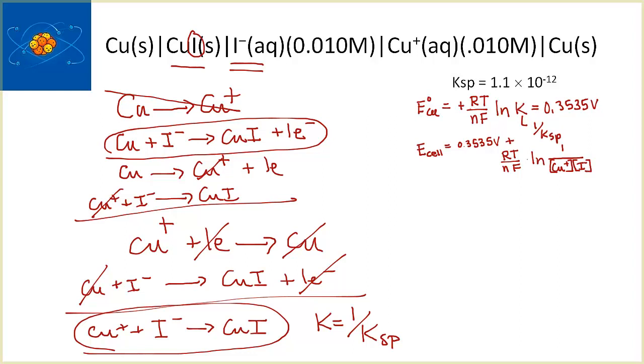If I take the numbers given in the problem as 0.01 and 0.01, you find that this portion of the problem is equal to 0.1182, and the overall voltage, that is the cell potential, is 0.472 volts.